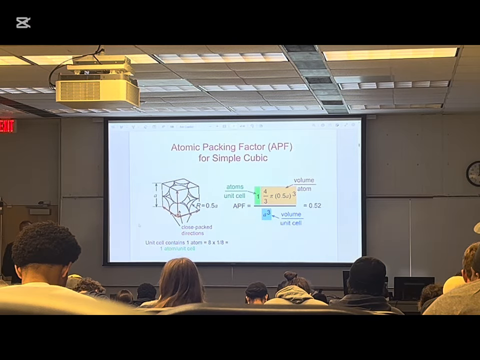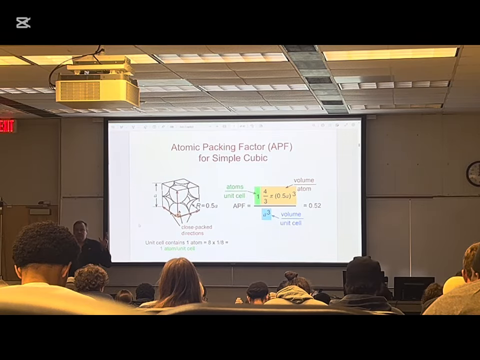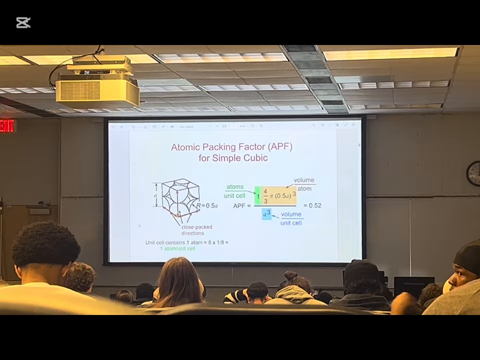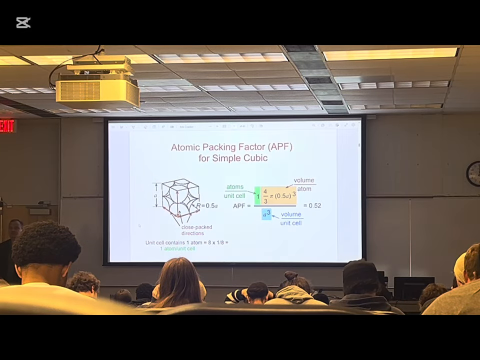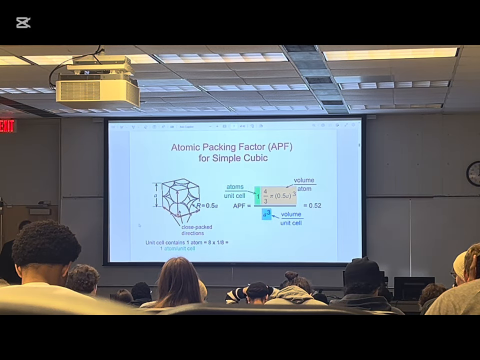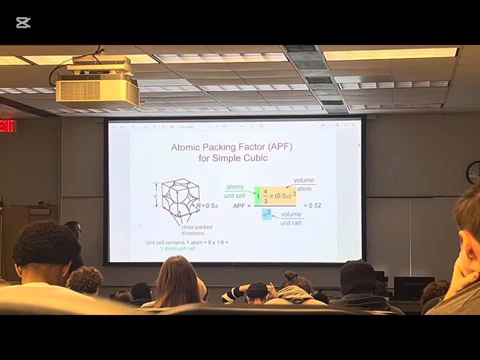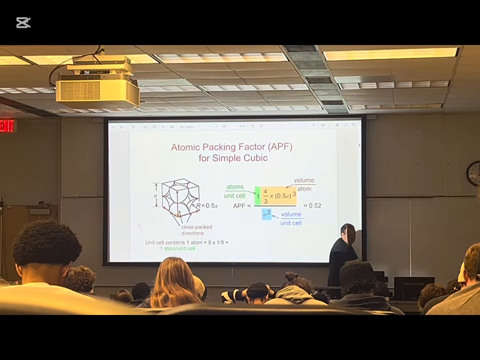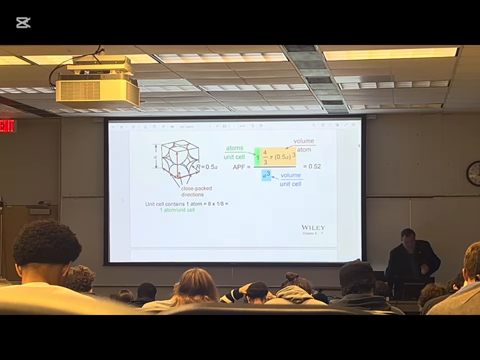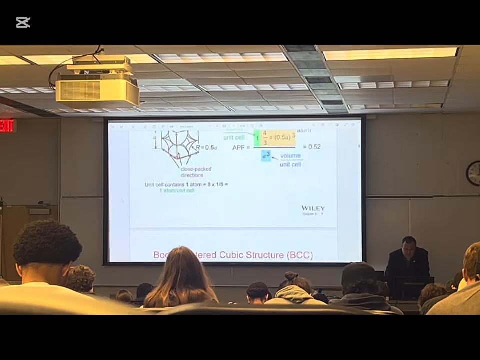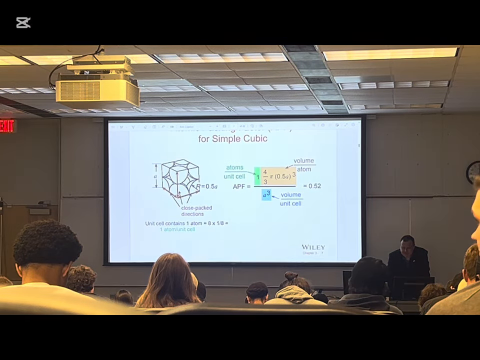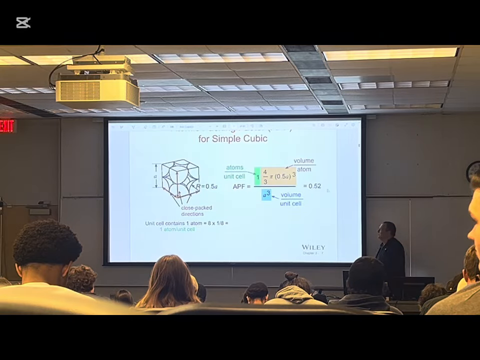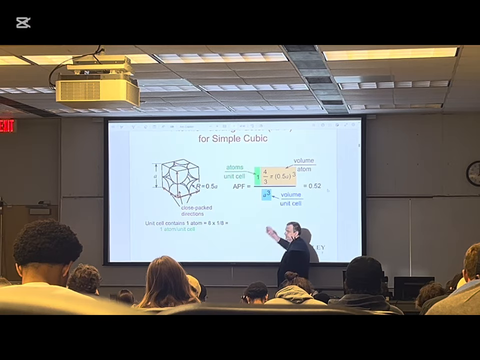So now, what we do is we divide the volume of 1 atom times the number of whole atoms in the structure by the volume of the unit cell. And what do we get? A cancels out.